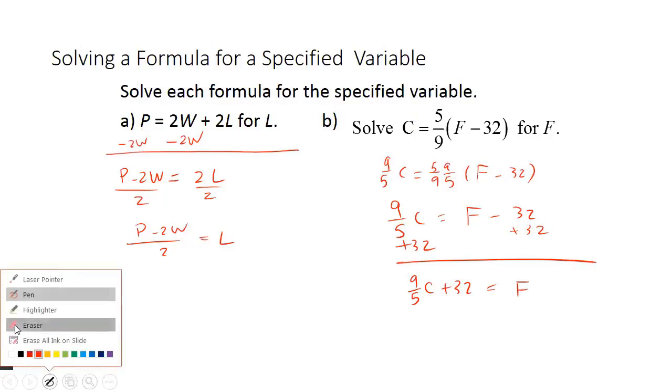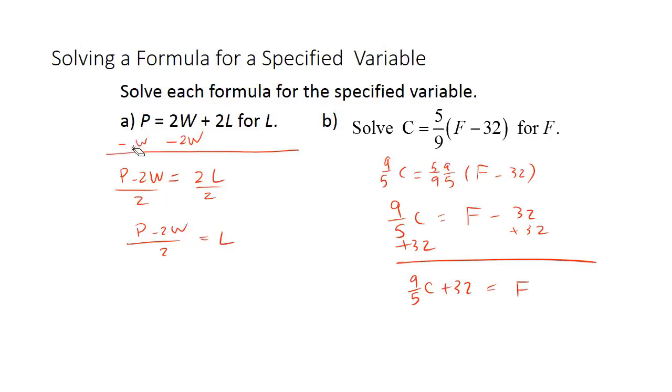So what I'm going to do right now is erase all that and show you the steps on the PowerPoint. Everybody see how to see all the steps. So let's go ahead and take a look at the solution once again.